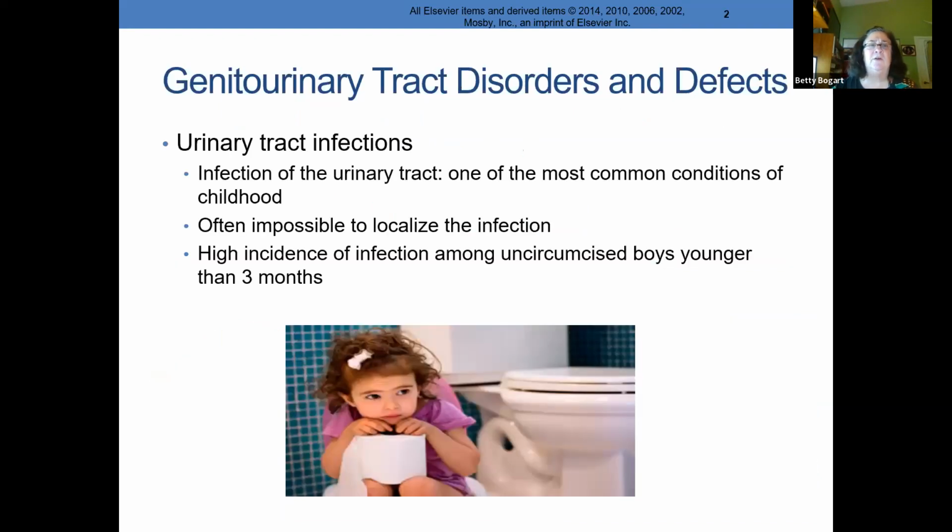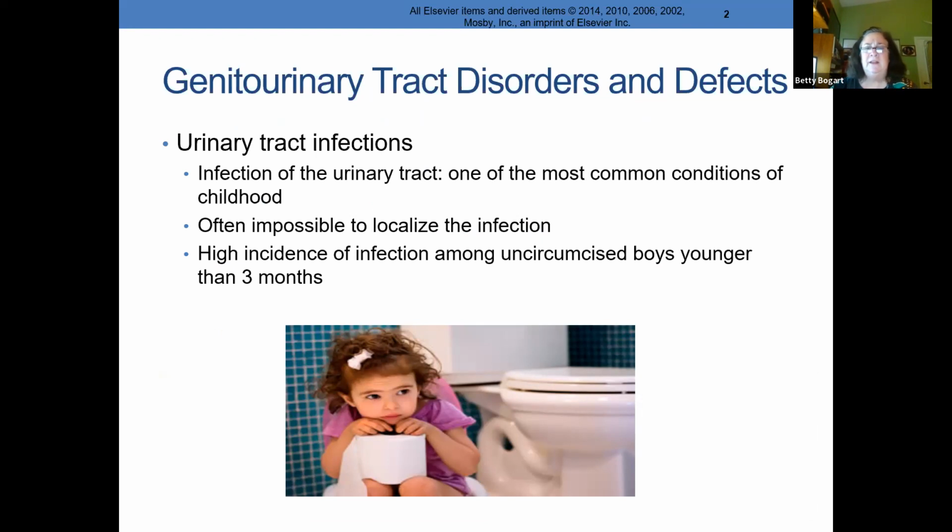So gastro and GU. So GU issues. The most common of all infections in a child is a urinary tract infection. It is because of the way that we get potty trained. It's because we don't know how to wipe ourselves, because we like to sit in bubble baths, little girls, little boys.